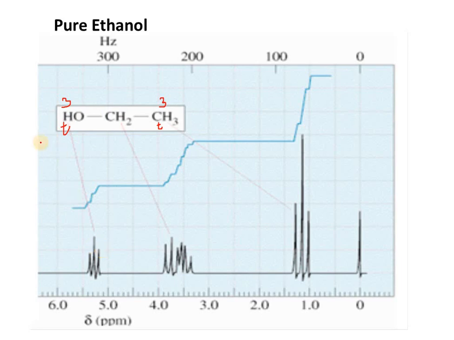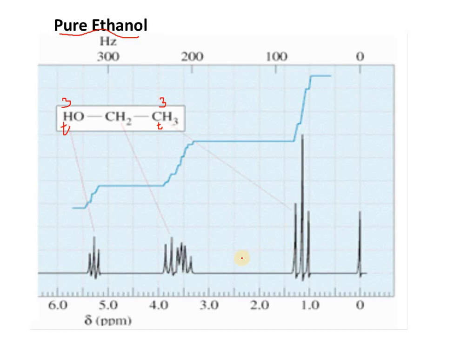Now the peaks of this proton are smaller because it is due to only 1 proton. The triplet due to these protons is somewhat larger because it is due to 3 protons. So in pure ethanol we get a triplet due to the OH proton, a multiplet for the CH2 protons, and for the CH3 protons we get a triplet again.